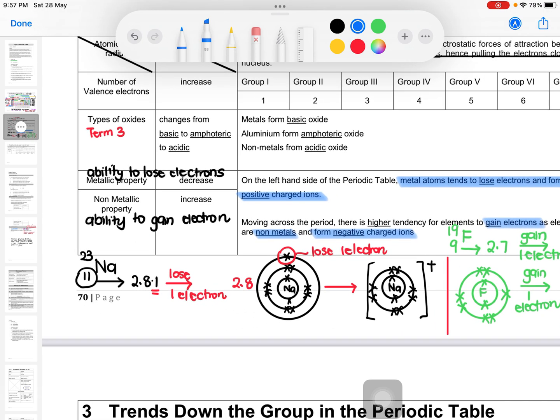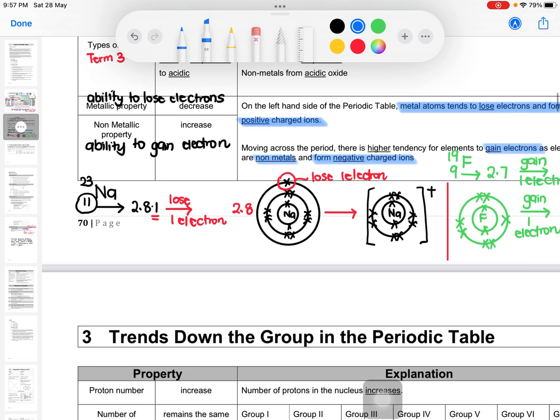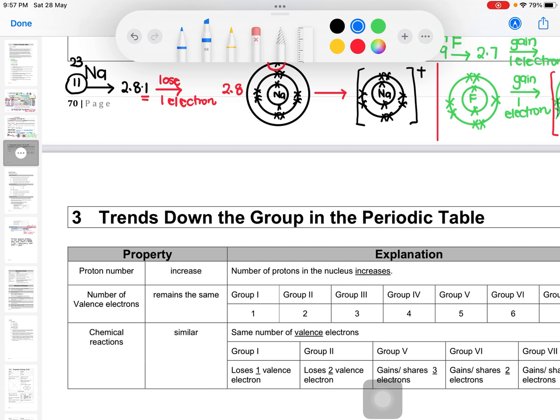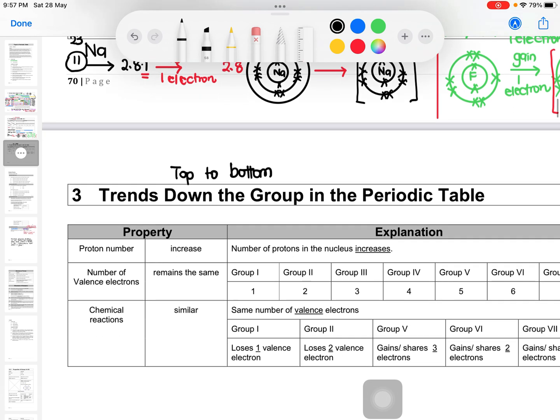Now we are going to look at trends down a group. Trends down a group means from top to bottom. Proton number increases.